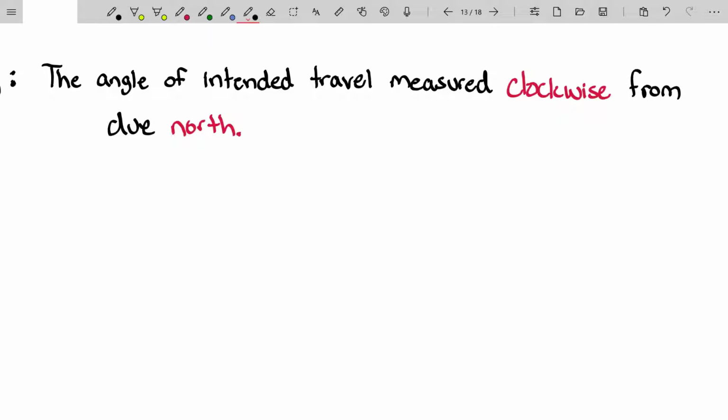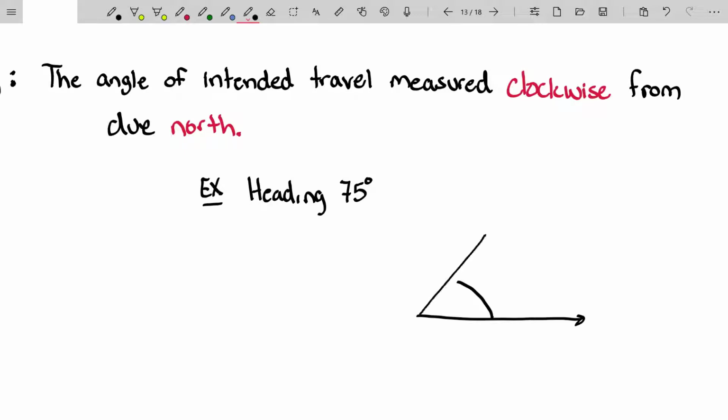So if I said that there was a ship moving at a heading of 75 degrees, in trig we would think, well, I'm going to measure a 75 degree angle from the positive x-axis, which is technically due east. But that's not how it's done in navigation.